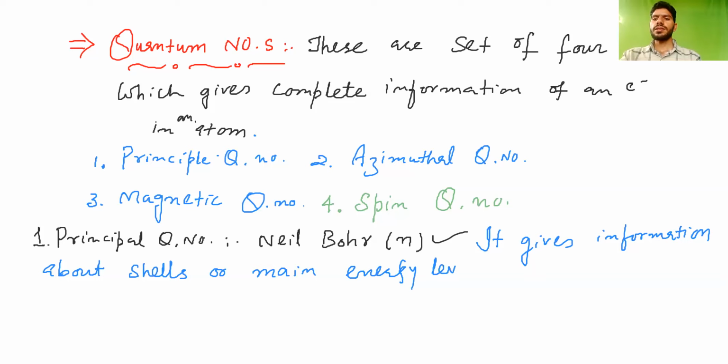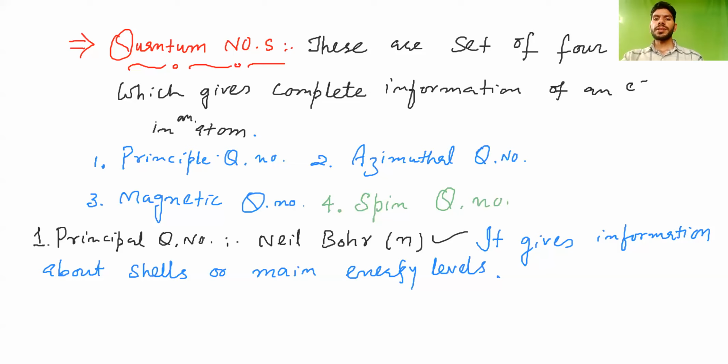In these energy levels we have the electrons. Actually, these shells have subshells, and then they have orbitals, in which the electrons are present. So it gives information about shells, or what we call main energy levels.